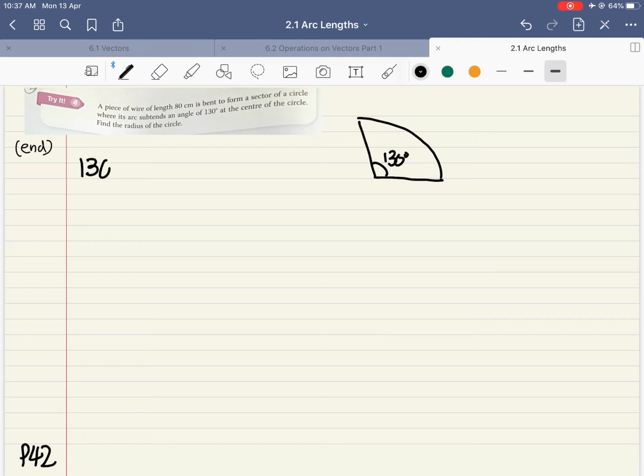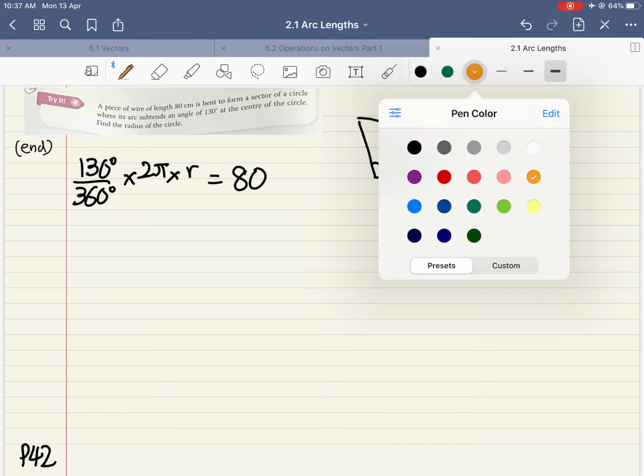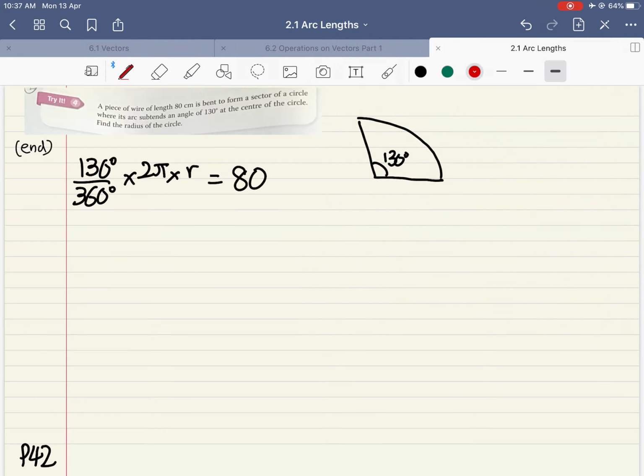Now if I apply the formula blindly, I say 130 upon 360 times 2 pi times r equals 80. Am I right or not? In this case, I'm actually incorrect because this only gives me the arc length.